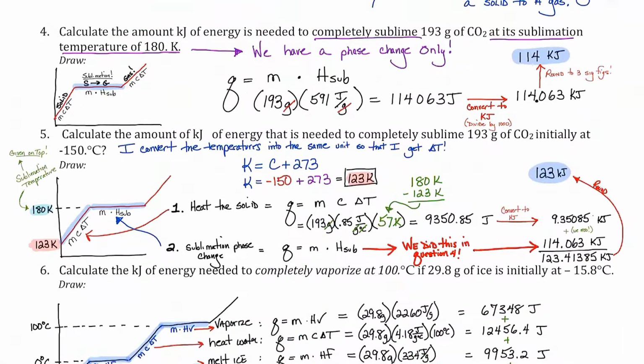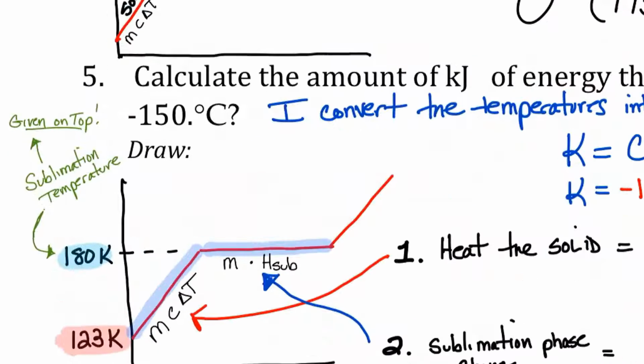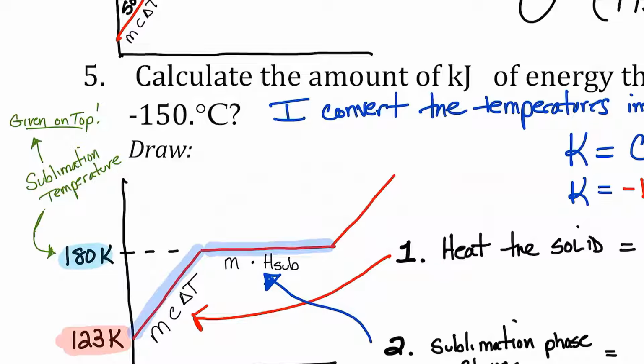Number 5, we're going to calculate the amount of kilojoules of energy that's needed to completely sublime 193 grams of CO2 initially at negative 50 degrees Celsius. Now, because I have a negative 50 degrees Celsius, and I know from the previous question that the temperature at which the solid CO2 starts to phase change into a gas, sublime, is actually 180 Kelvin, how do I relate Celsius to Kelvin?